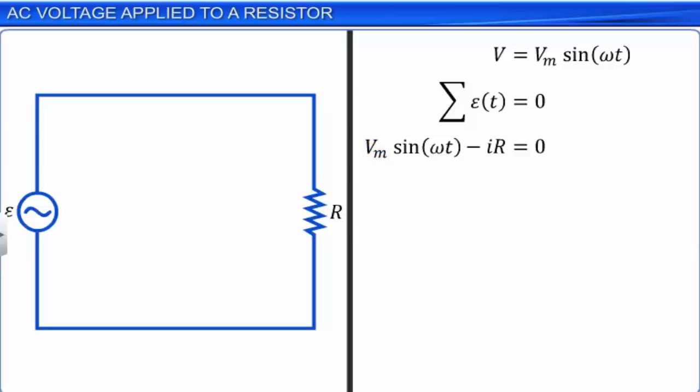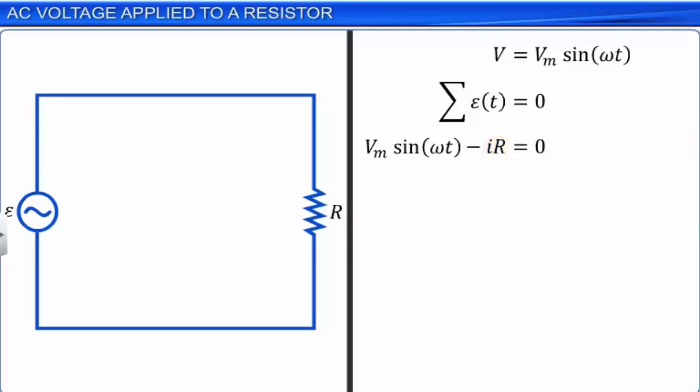Here, Vm sin omega t is the potential across the given voltage source. The second term IR is due to the fact that if a current of magnitude I passes through a resistor of resistance R, the potential fall across it can be denoted by the term IR.